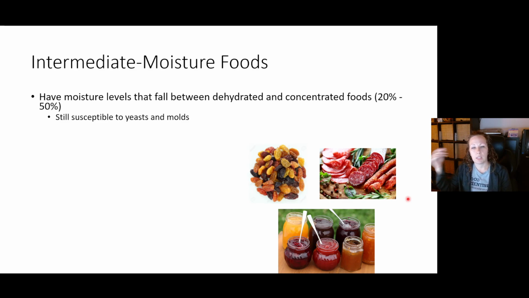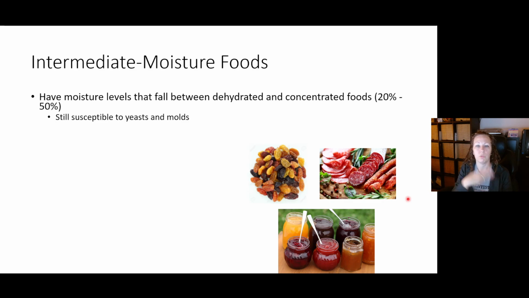And because of that, there are a few extra precautions you have to take with those foods. Because they are not completely dehydrated, they are perishable, and they are still potentially susceptible to yeast and molds. So these are the refrigerate-after-opening type products.